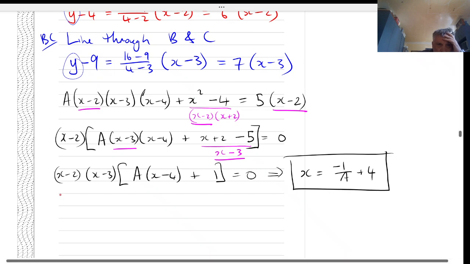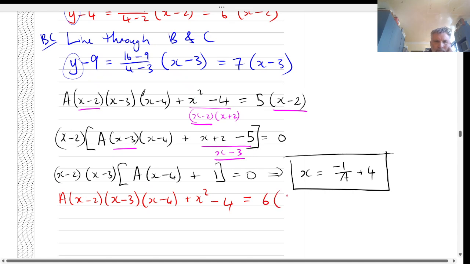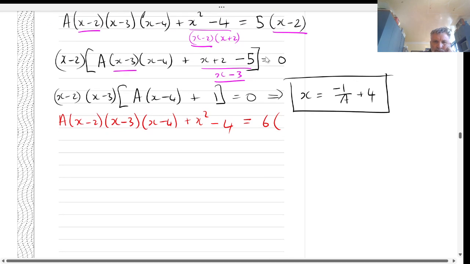The next one, same thing. For the cubic, y is this thing here, take away 4, has to be equal to 6 times (x − 2). Again this is the same factorization, (x − 2)(x + 2), so we've got a common factor.